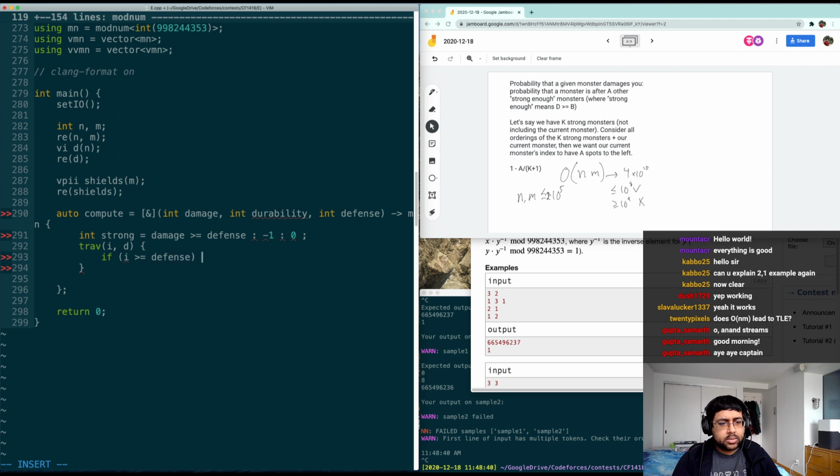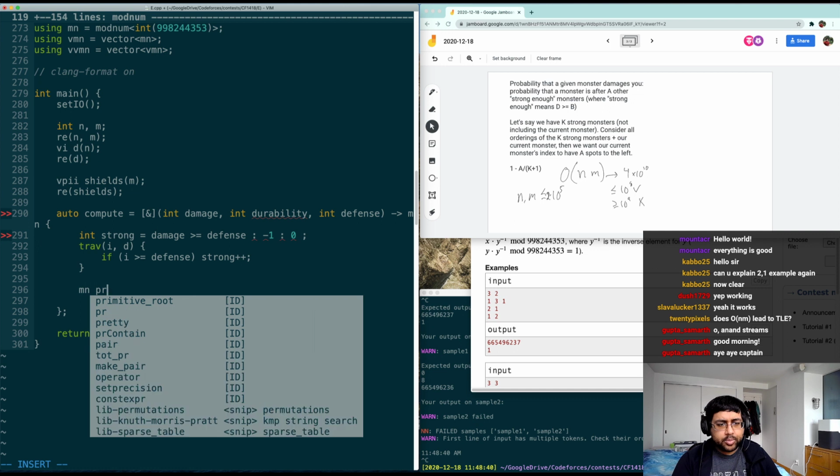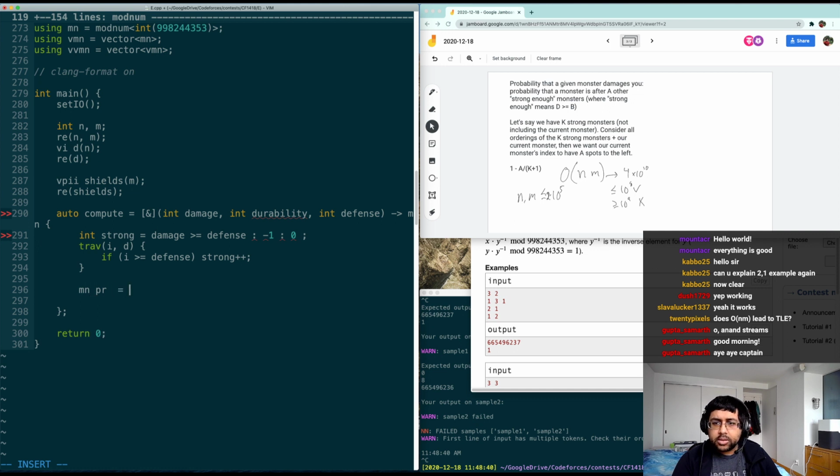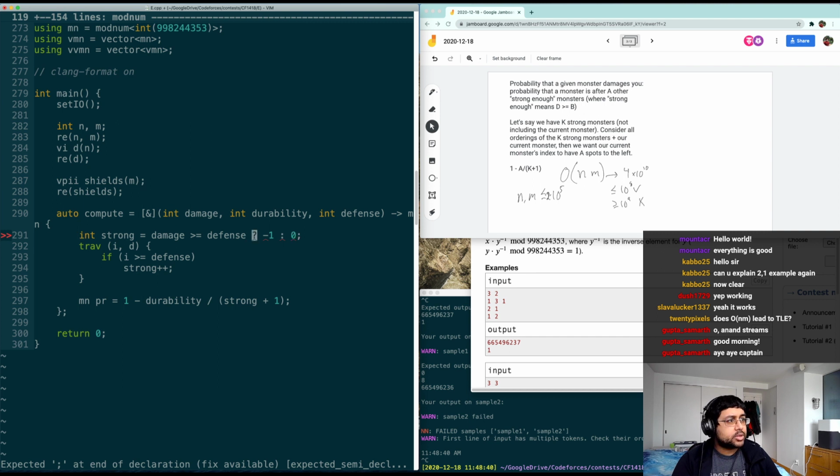And then the probability will be, as we said here, 1 minus durability divided by strong plus 1. And then we're going to return the damage times the probability. And then let's see if this works.